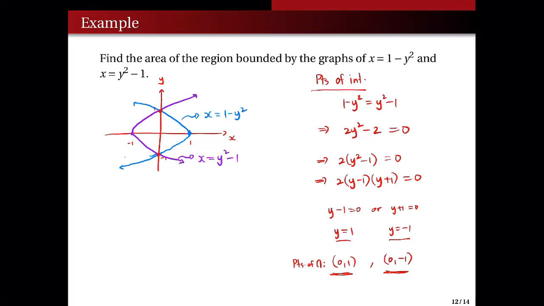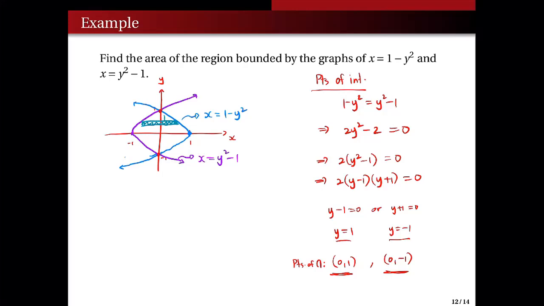Next, in here, we have written x in terms of y, both of them. So we can easily deduce that we can use y as the variable of integration. And therefore, we are going to use horizontal strips. If we do horizontal strips, we'll have this guy here.